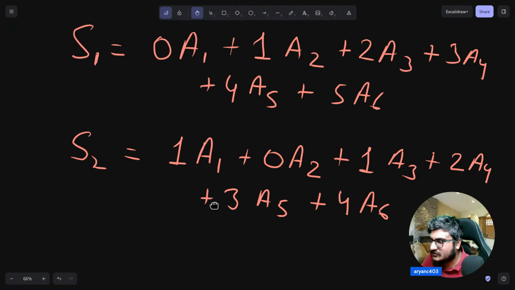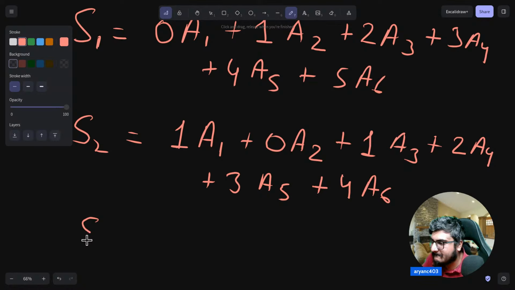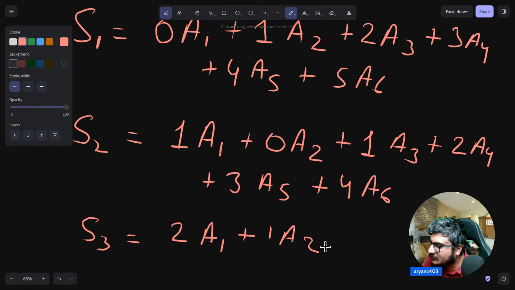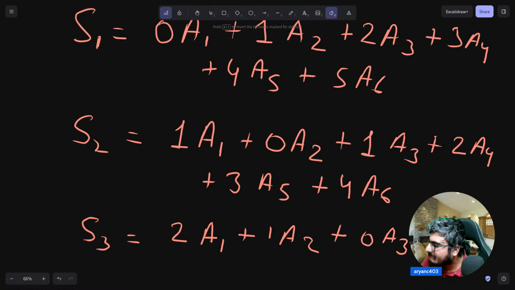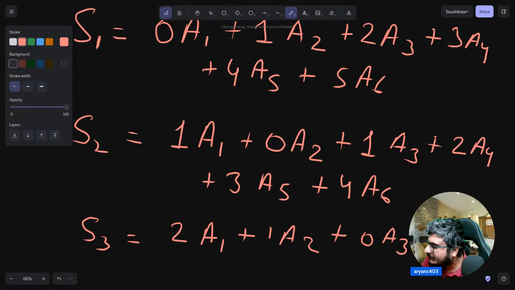Let's also write down S3, which would be 2 into a1 plus 1 into a2 plus 0 into a3 plus 1 into a4 plus 2 into a5 plus 3 into a6.